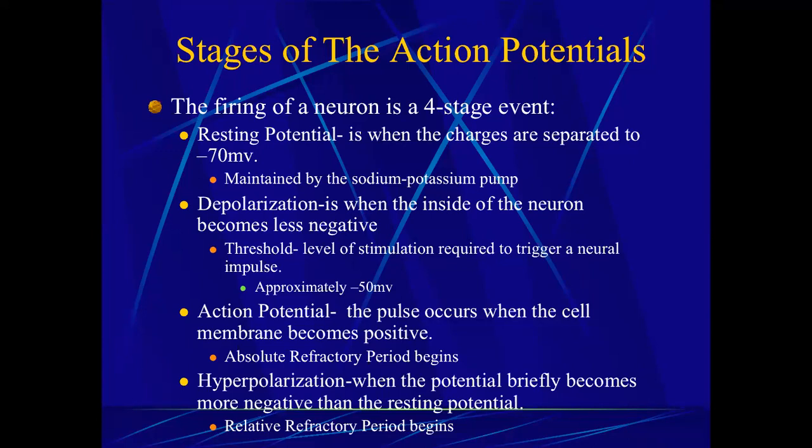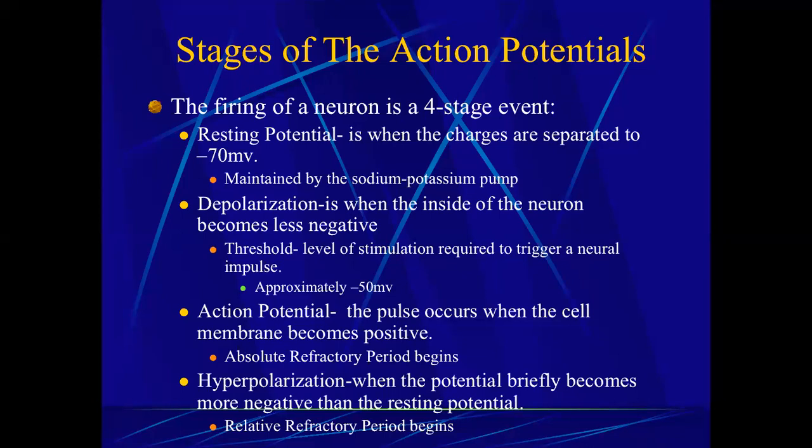And with an action potential, remember the following phrase. With an action potential, it's all or none. If you don't hit the threshold, you will not have an action potential. If you do hit that threshold, then you will certainly have an action potential.